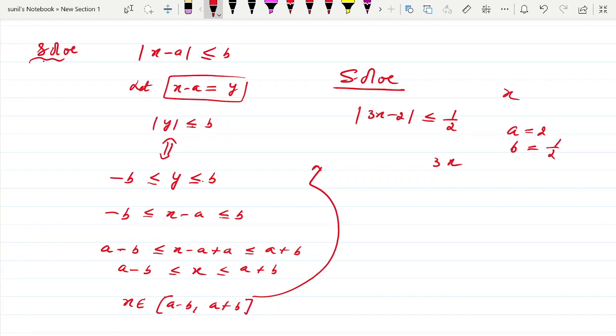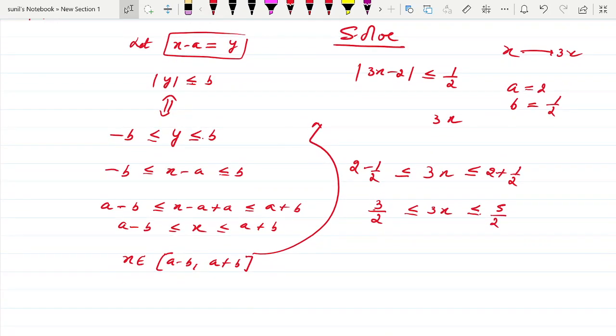And please, the role of x is being replaced by 3x. So what I will write, my 3x will be greater than or equal to a minus b. What is a minus b? 2 minus half, and less than or equal to 2 plus half. And I think it is 3 by 2, and it is 5 by 2.